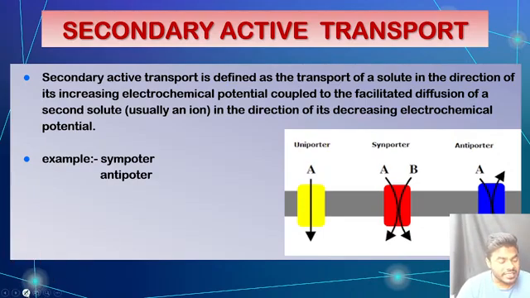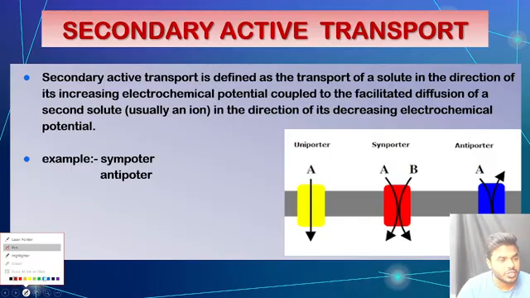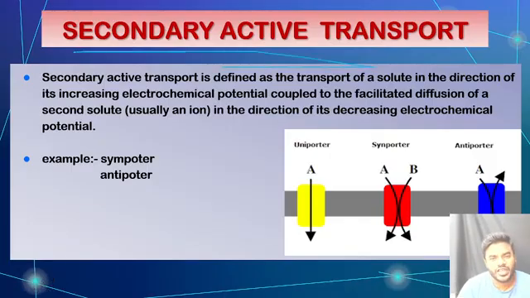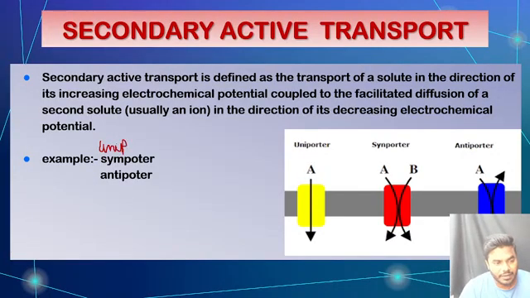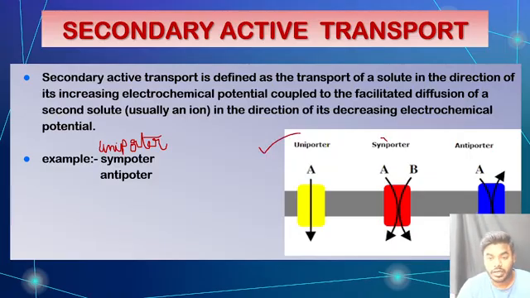Next one, secondary active transport. I already told you, friends, in secondary active transport, the movement of the energy can be mediated by indirect sources. We will discuss it in the upcoming slides, don't worry. The best examples of secondary active transport are uniporter, symporter, followed by the antiporter.